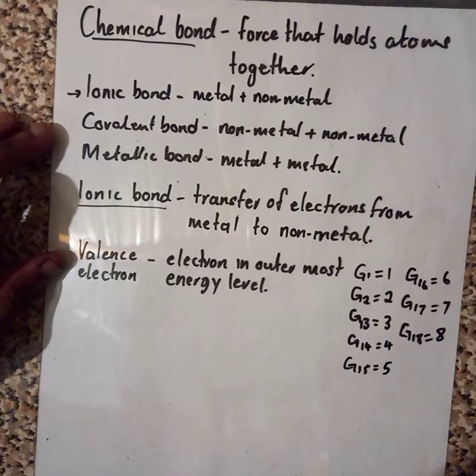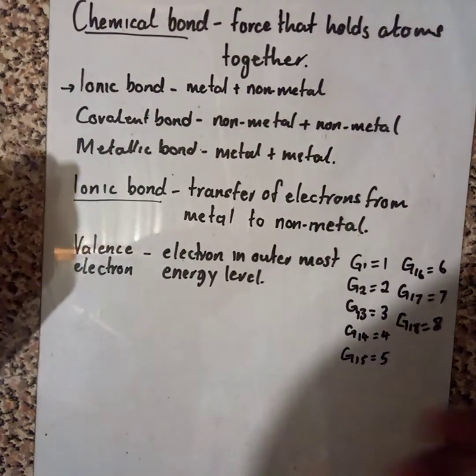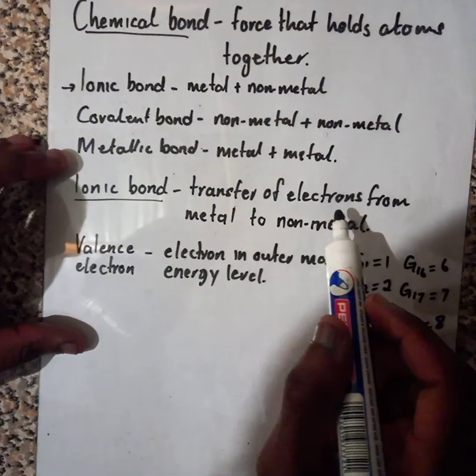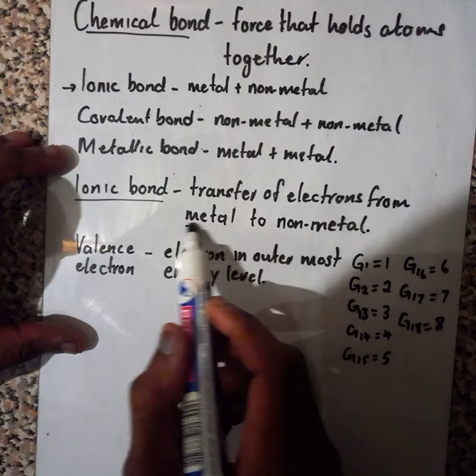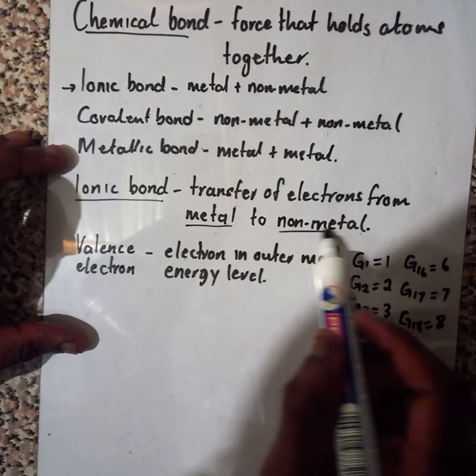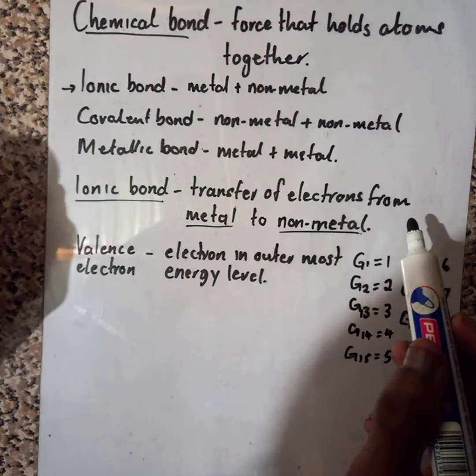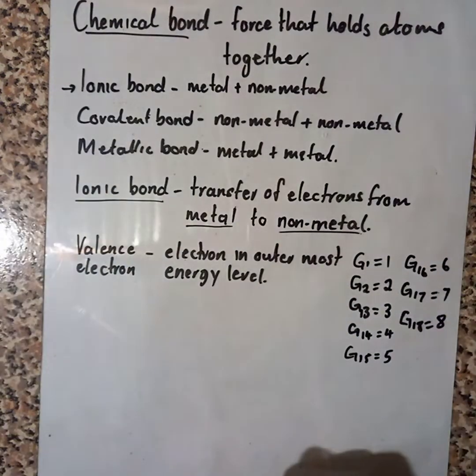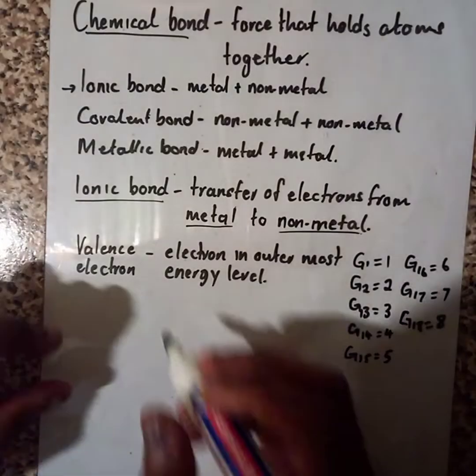See? Then okay, now don't forget that for ionic bonding, we will always mostly consider the metal together with non-metal. Let me give you an example.